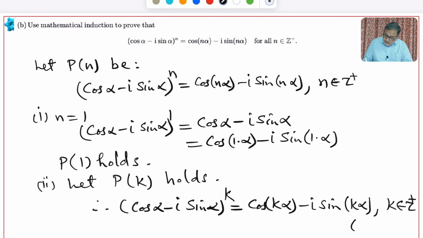This is by induction hypothesis, right? And we'll give it number 2.